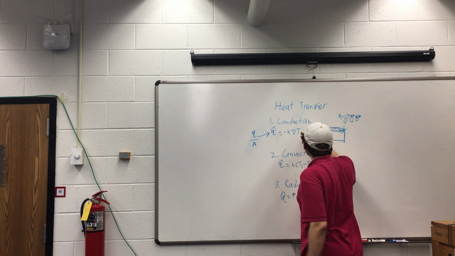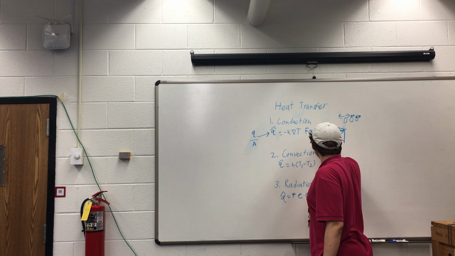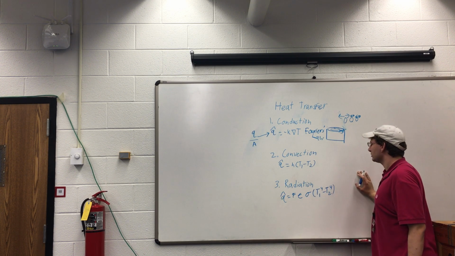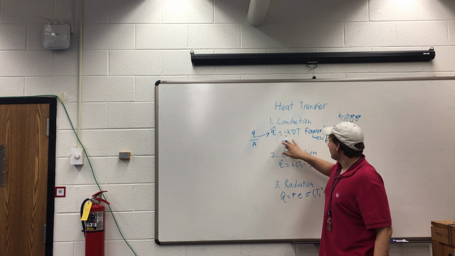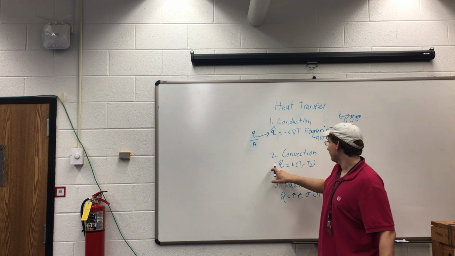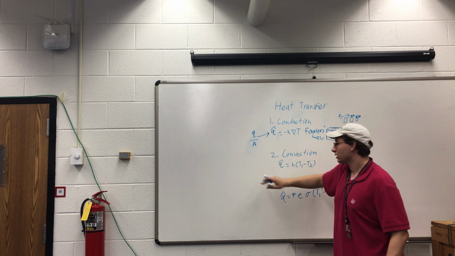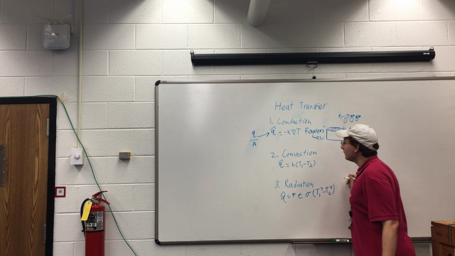Mathematically, we define it with Fourier's law, which is written on the board, slightly sloppily, but still there. I wrote all my equations with the flux, which is basically just the heat transferred over the cross-sectional area it was transferred.